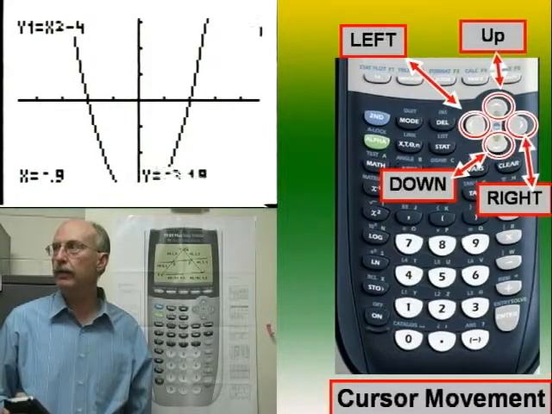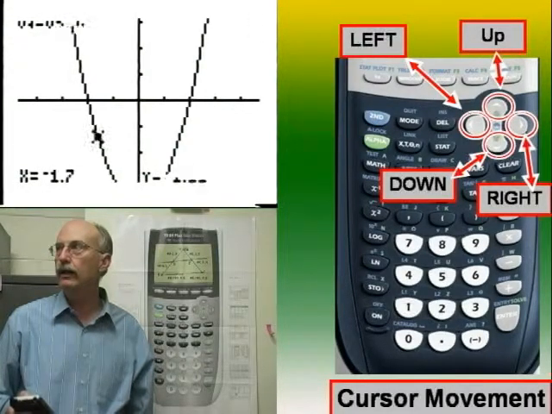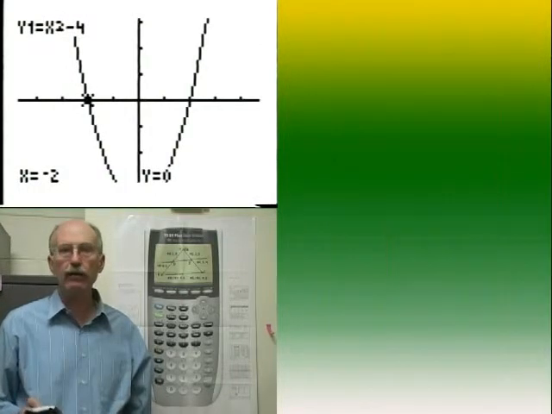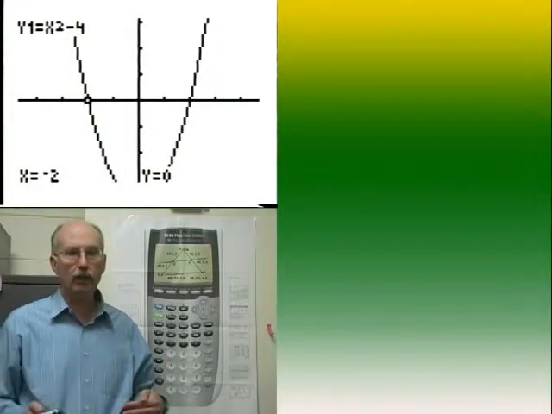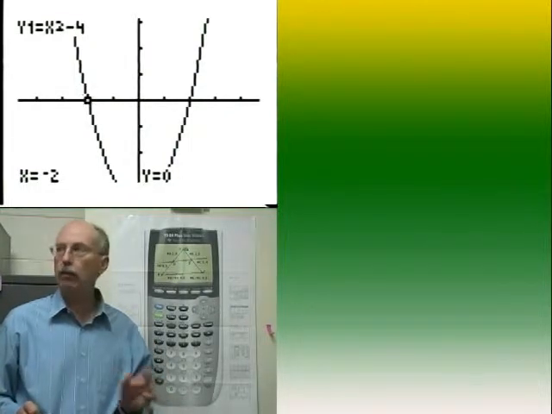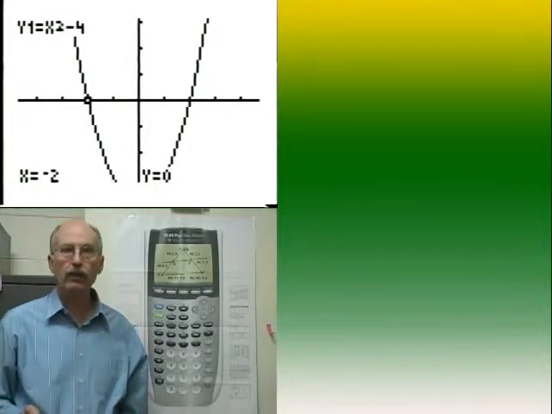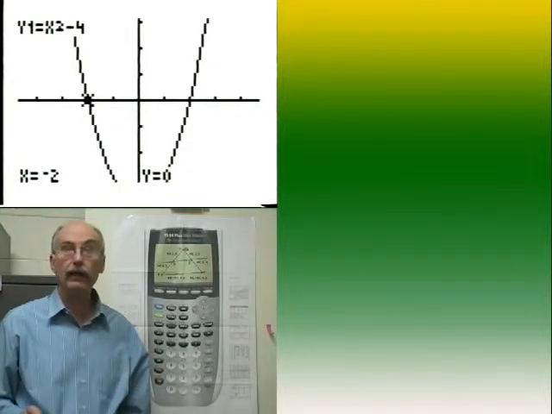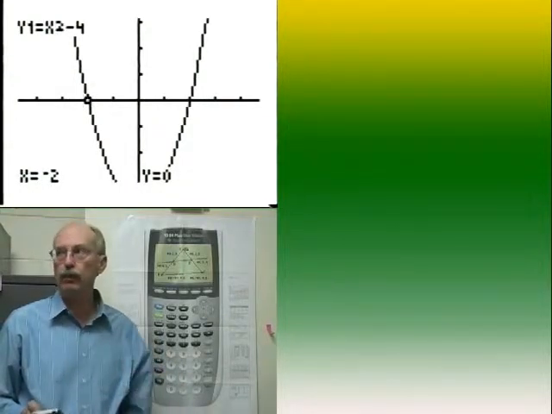And it's coming back into the screen there. And you can see it's exactly x equals minus 2. So the z decimal window gives us steps that are exactly 1/10 apart on the x-axis. The y values will be whatever the calculation results, but the x values will always be 1/10 of a step apart.